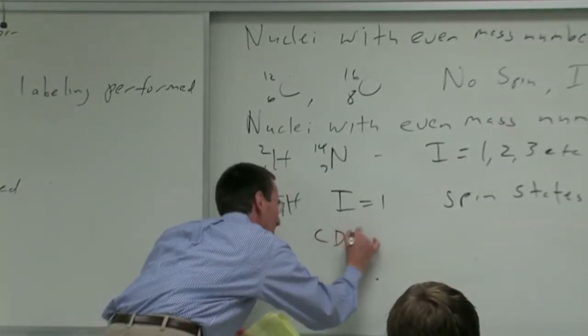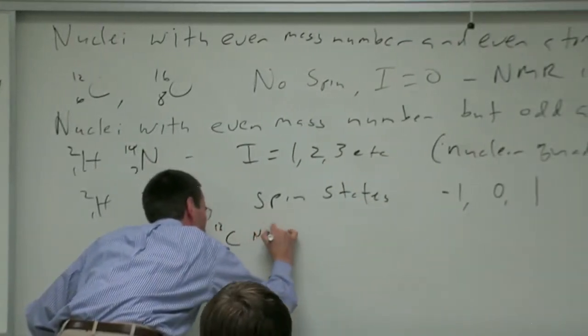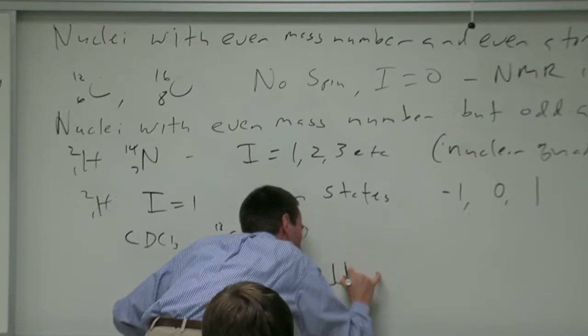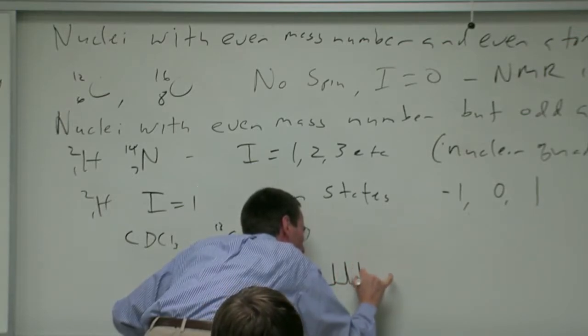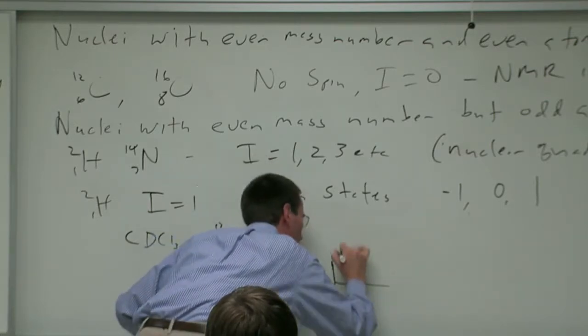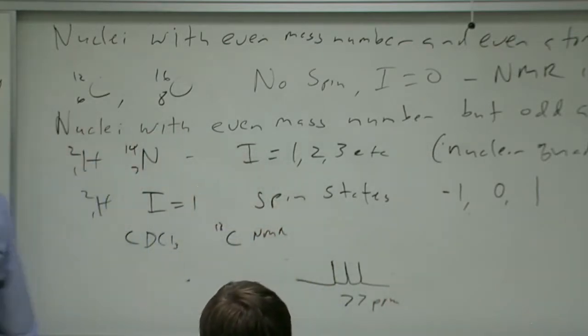So for CDCl3 in the C13 NMR, you see a 1 to 1 to 1 triplet centered at 77 ppm.